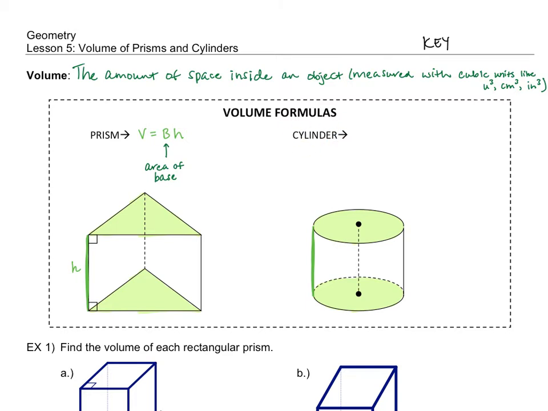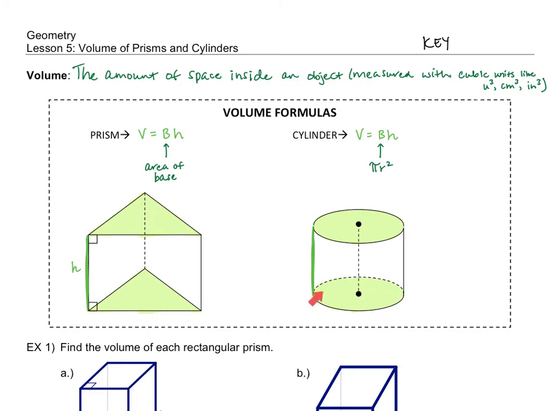So that's how we're going to find the volume of our prism. Now moving over to cylinders, it's a similar idea. We're going to take the area of our base and multiply it by whatever the height is. So it's like stacking all of them all together. So this time, when we write our volume, it'll be, again, B times H, where B is going to be the area of our cylinder's base. Now, we kept it generic with prism because the base can change. It's not always triangles.